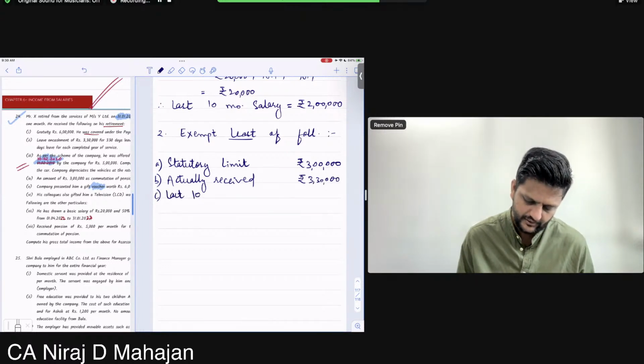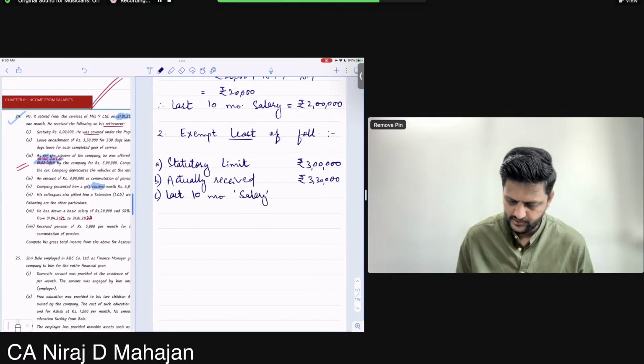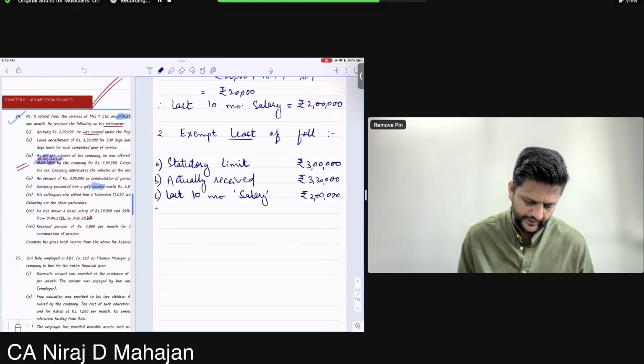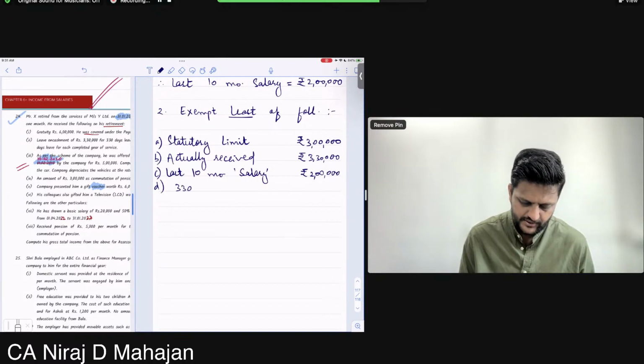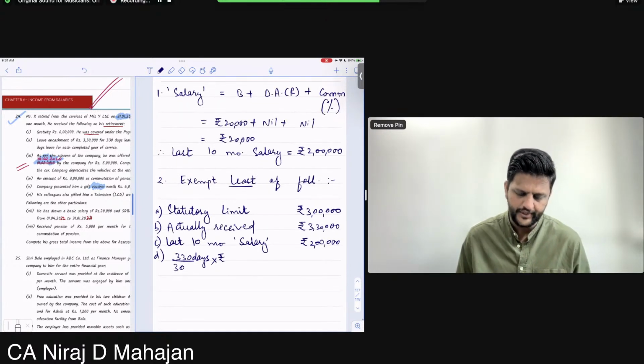Last 10 months salary, 2 lakhs. And D, balance, they have given you already the number of days. So 330 days upon 30 days into average salary, 20,000.